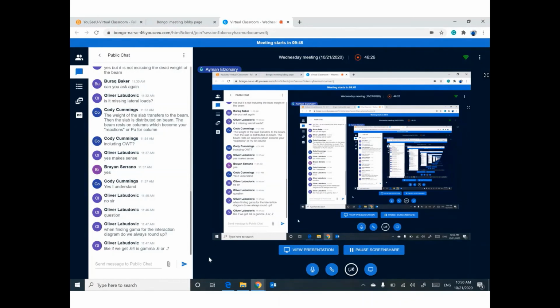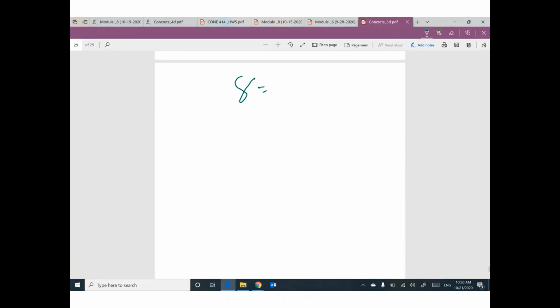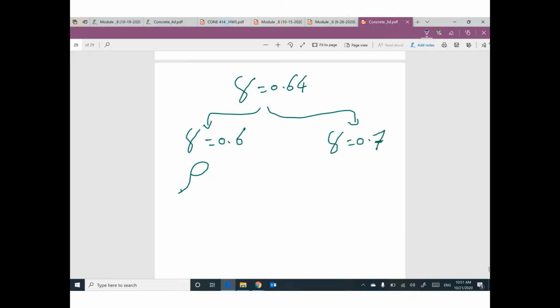But if you need the best answer for this question, for example, if you have gamma equal 0.64, the best answer is you have to try gamma equal 0.6 and find the value of rho. And you have to try gamma equal 0.7 and get rho. The value of rho, it's not this one or not this one. Your rho will be something in between. How can I find the value of rho in between? By interpolation.